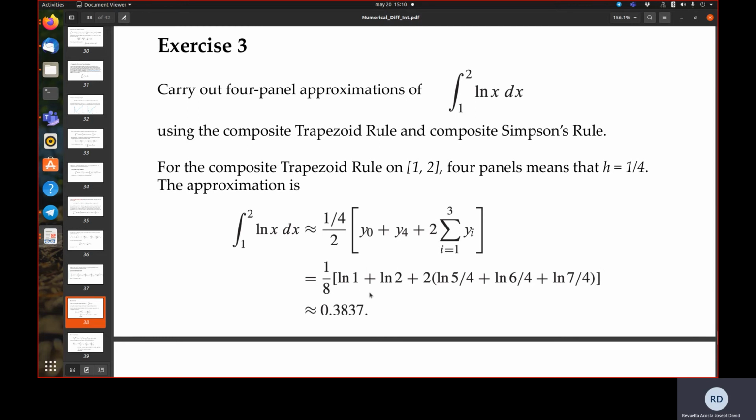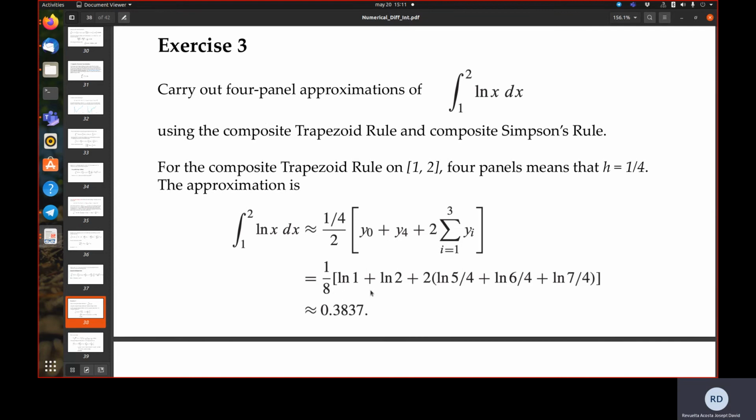Okay, and then if we perform this operation, I'm going to confirm it, it is log of 1 plus natural log of 2 plus 2 times log of 5 divided by 4 plus natural log of 6 divided by 4 plus natural log of 7 divided by 4, of course.